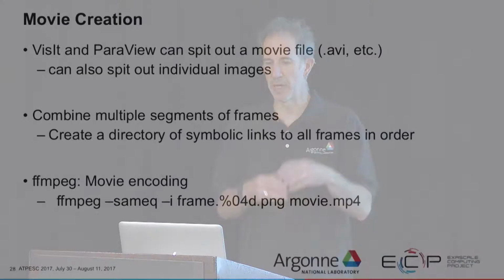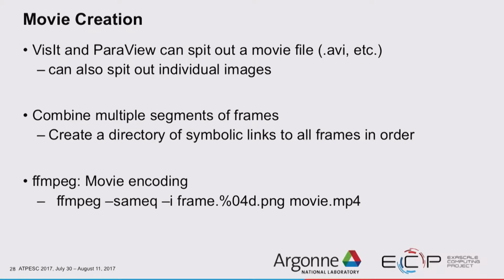And so what I'll generally do, if I have them created in segments that live in different directories, is write a little script that combines them and makes a list of symbolic links to each of those images in order, so that I don't have to make multiple copies and manipulate them that way. It's just a handy way of organizing and curating the piles of images.